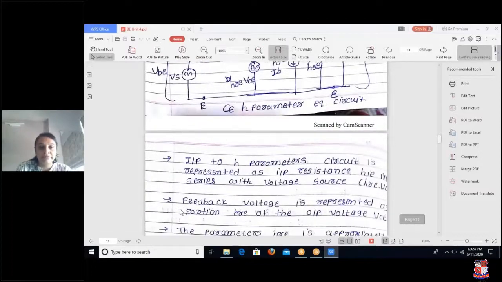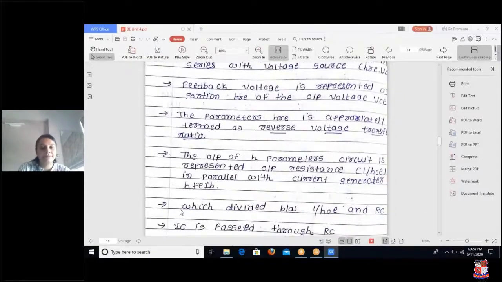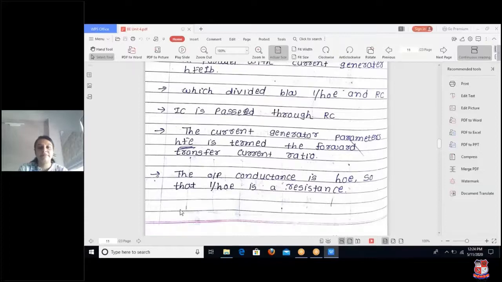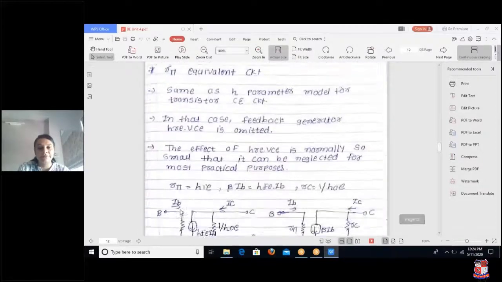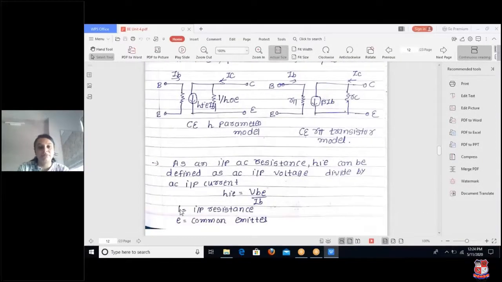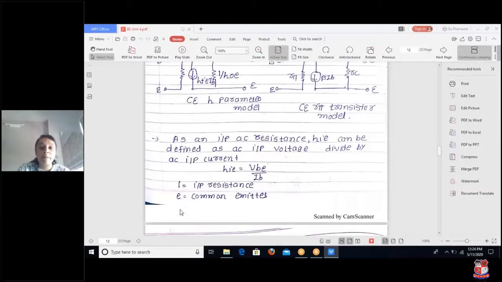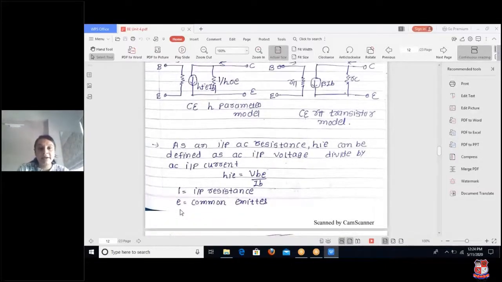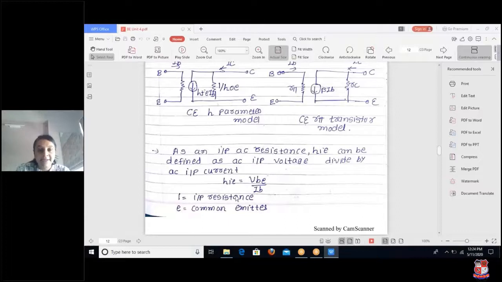Now let us discuss the parameters. Here, the input AC resistance is HIE. What is HIE? HIE can be defined as the AC input voltage divided by the AC input current, right?